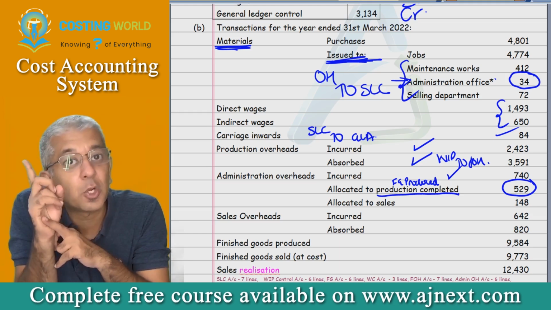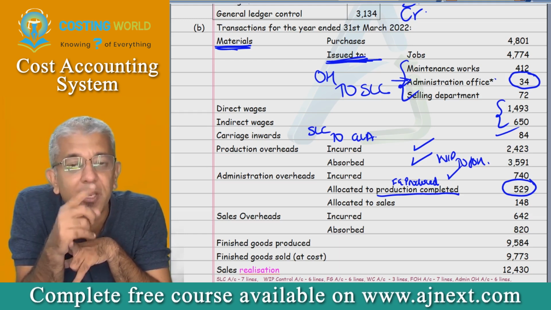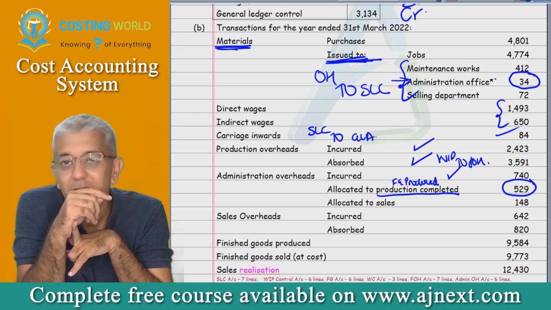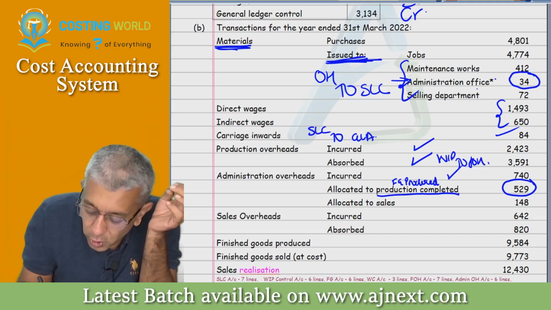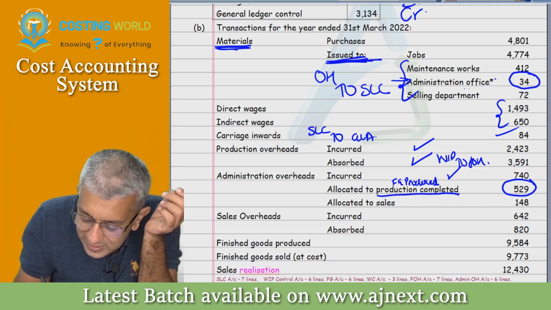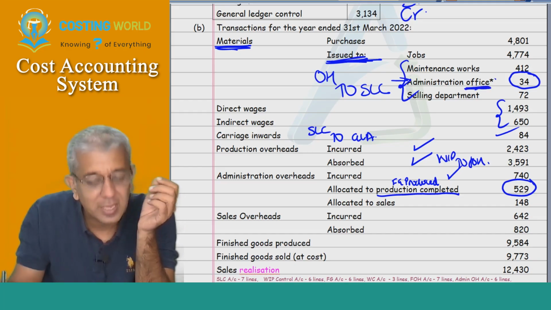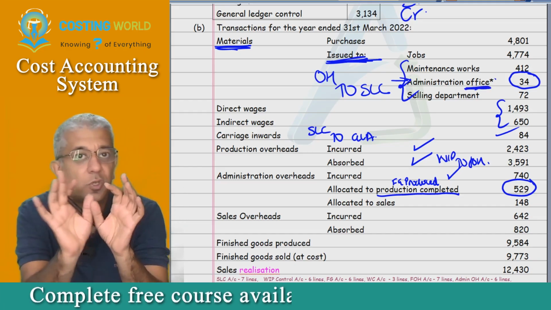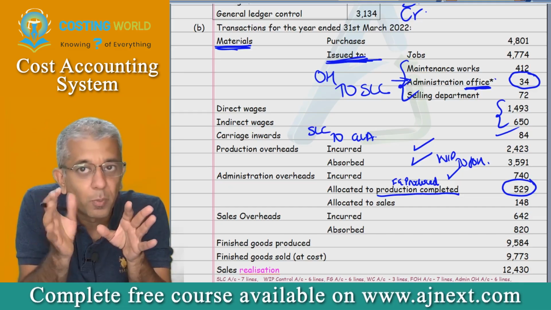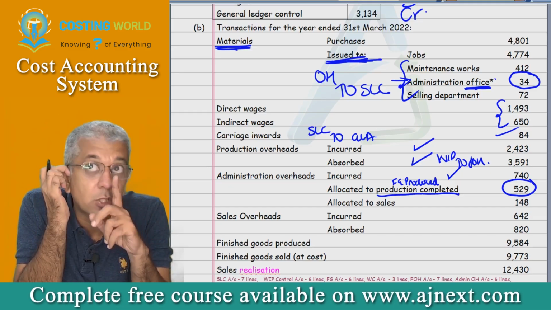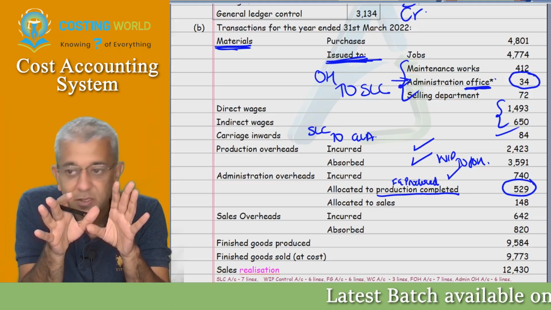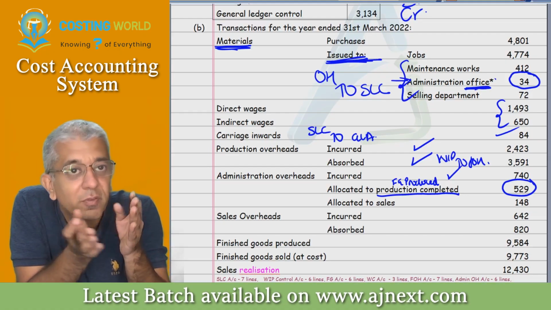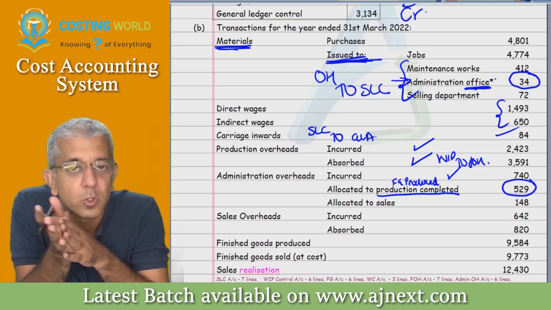Can you say that office will always be general admin, no? Yes, sir. Okay, so ICA did this particular mistake. It should not have written, in this case, administration office. If it would have written administration, I don't have a problem. But when you write administration office, it means that office is that particular place whereby all the back-end work will be going, wherever your accountant will be sitting, all those particular things.